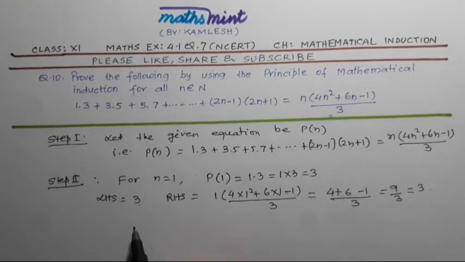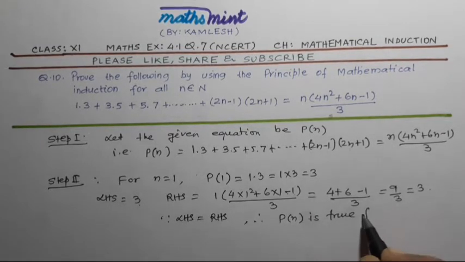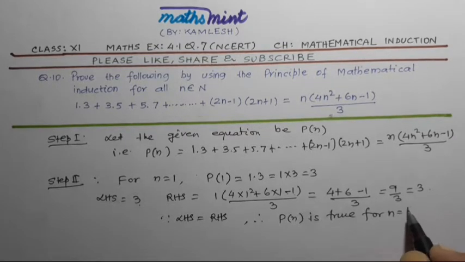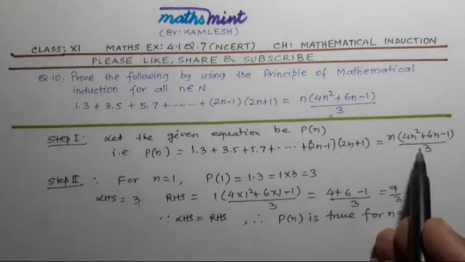So we can write here, since LHS equal to RHS, so P of n is true for n is equal to 1. This is second step.